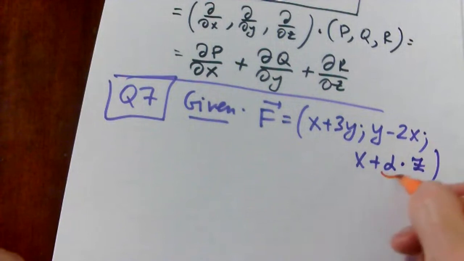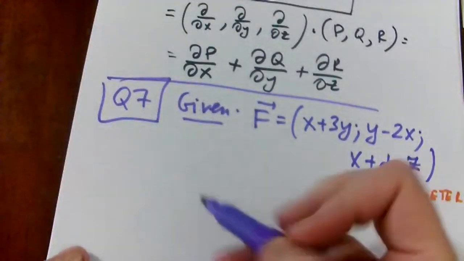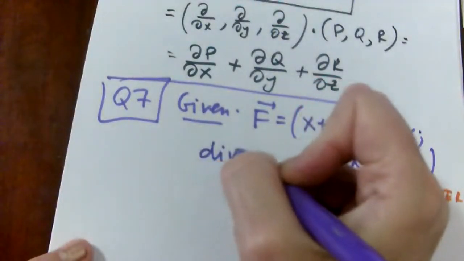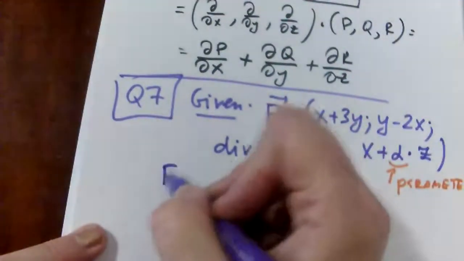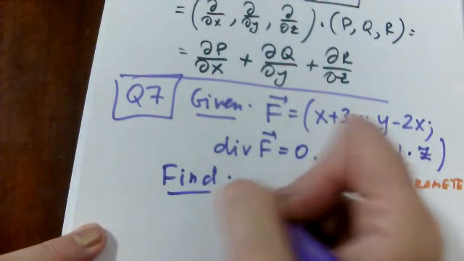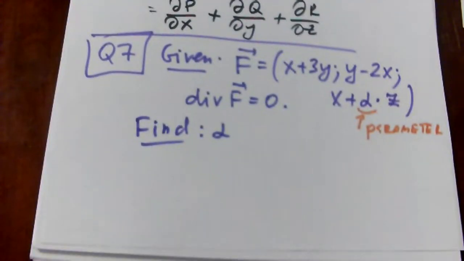As you can see, there is an alpha here. It's a parameter, parameter alpha, and you need to find it. And also you are given the fact that the divergence of this field is equal to 0. And the assignment is: find this parameter alpha. So this is how this task looks.